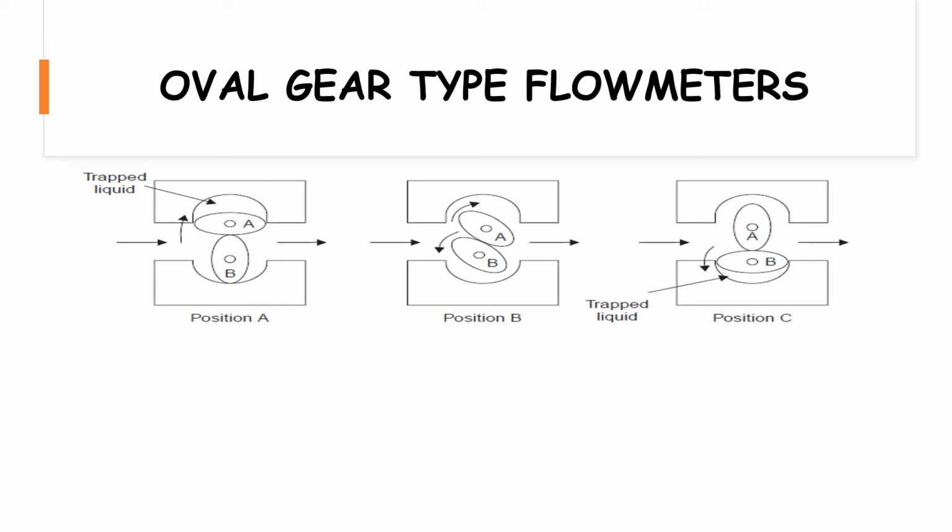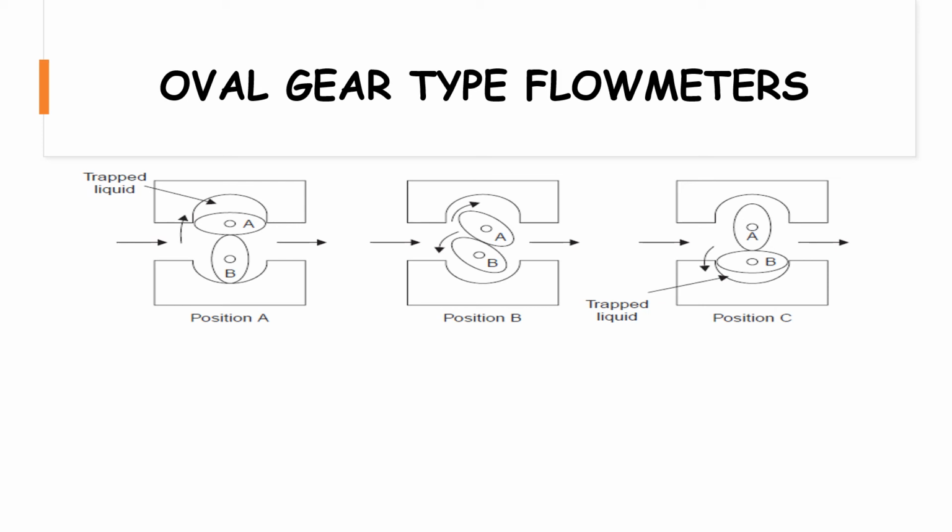The rotor A has entrapped a known volume of liquid between the rotor and the meter body, and there is a balanced force on the bottom of the gear. However, there is a force on the bottom of gear A causing it to rotate clockwise, and this causes gear B to rotate in the counterclockwise direction to position B.